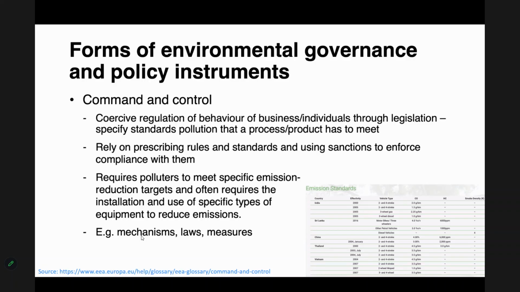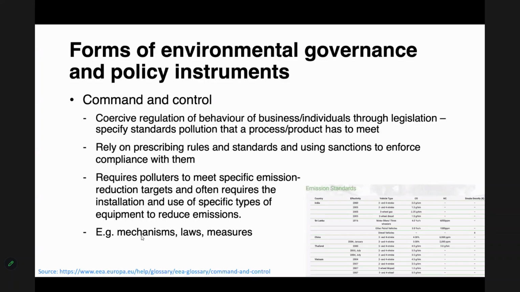Say it can be for pollution. So it can be for something like air pollution or water pollution or emissions. So there will be certain standards set, and if you go beyond that target, then there'll be a sanction imposed on you.